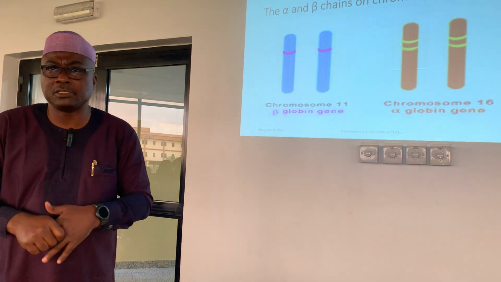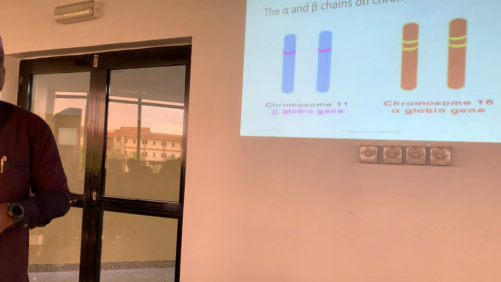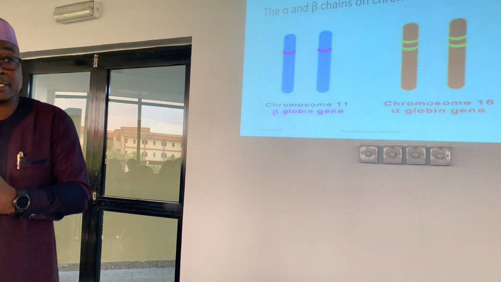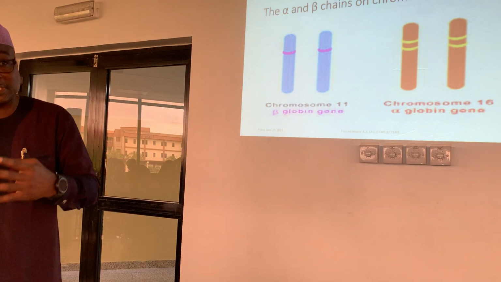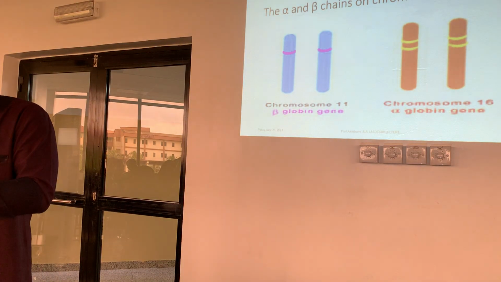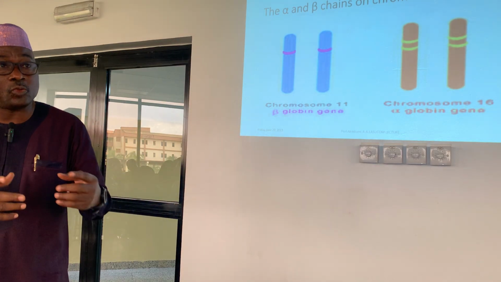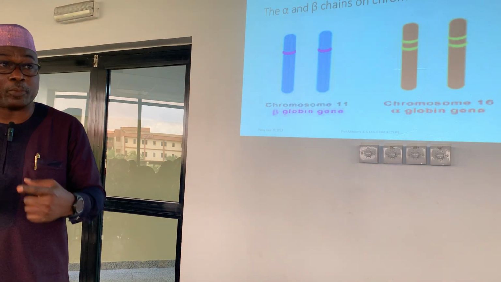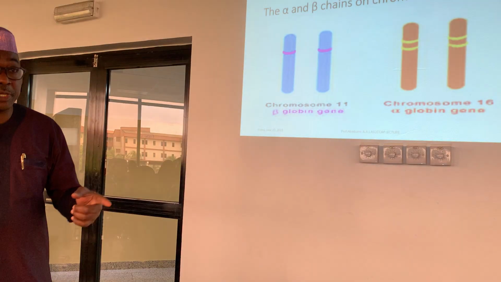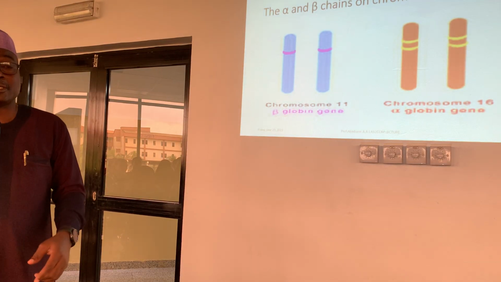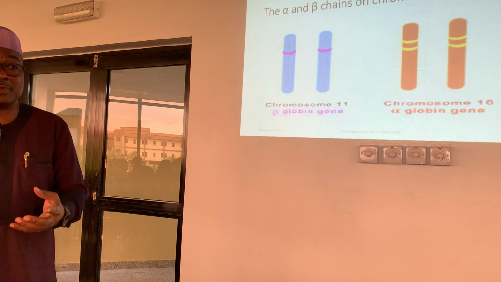Negatively charged. So what about valine? It is neutral. So there will be a deficiency of charges. One that is neutral is replacing a negatively charged one, so it is going to affect the physicochemical properties of that hemoglobin, and that is what causes sickling of the red cell.